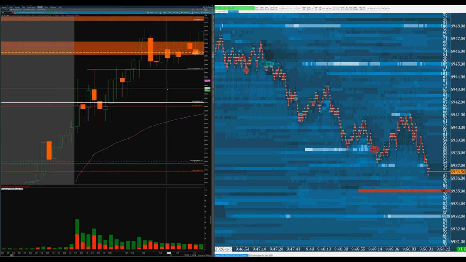He's going to long that breakout because he assumes that price and volume are going to have the strength to carry price beyond that level and towards higher prices. And the reason he's going to assume that is because he doesn't have access to volume that would suggest otherwise, or tools that would suggest otherwise.